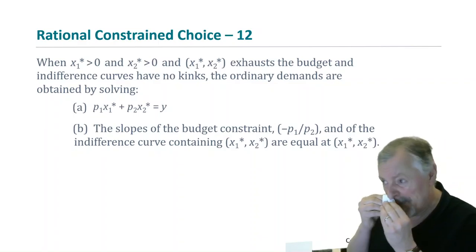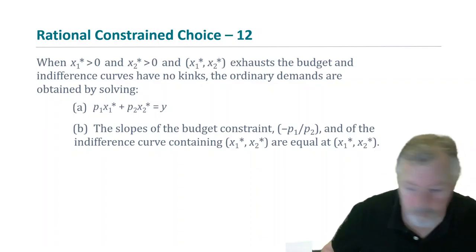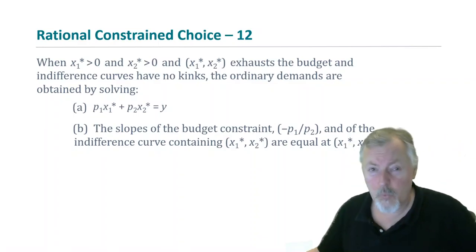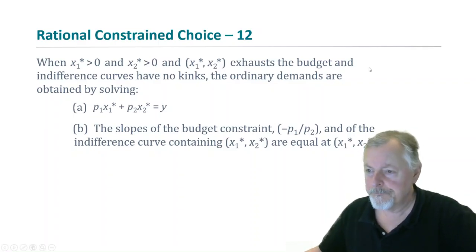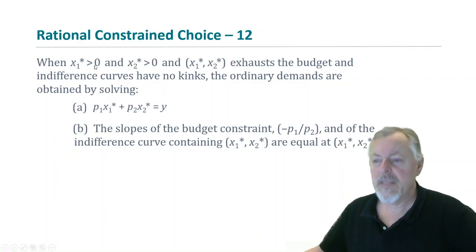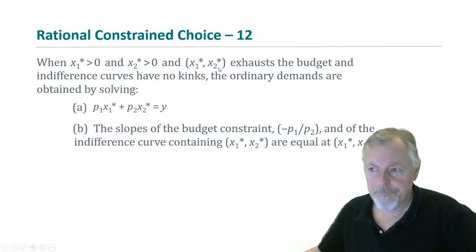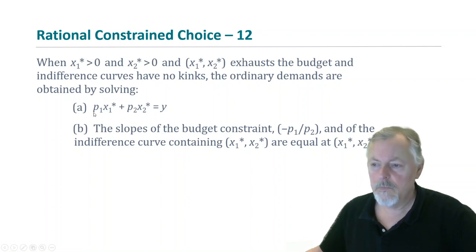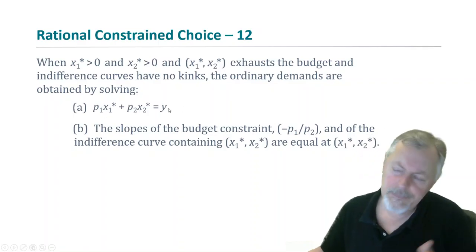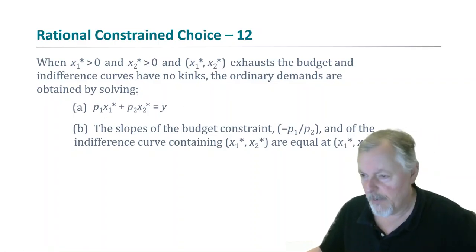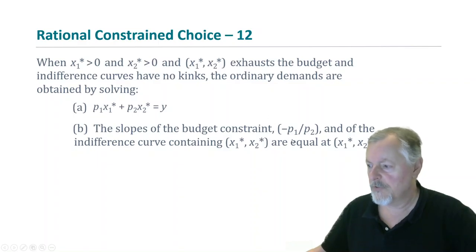So here we begin to look at why we have to put those extra limits on it. If these things are true, then we know that the person's spending will equal their income. Here it's y rather than m. And this will also be true.